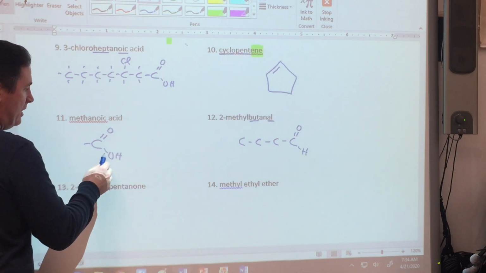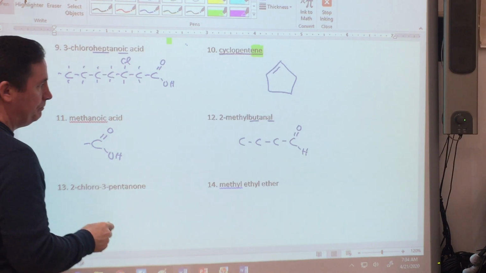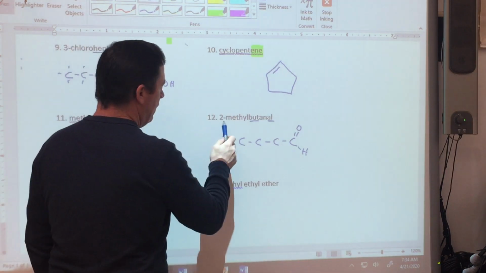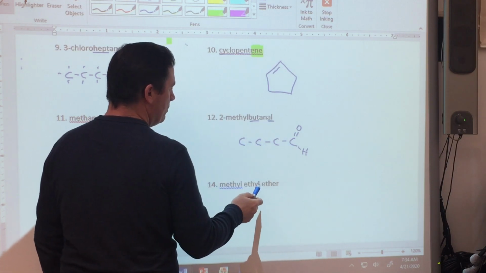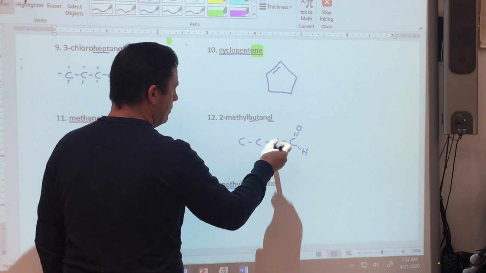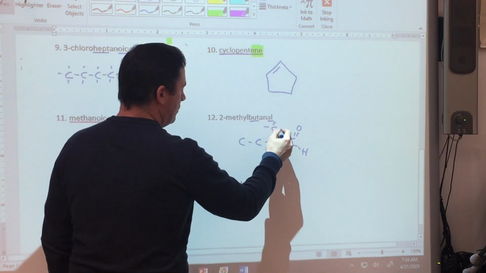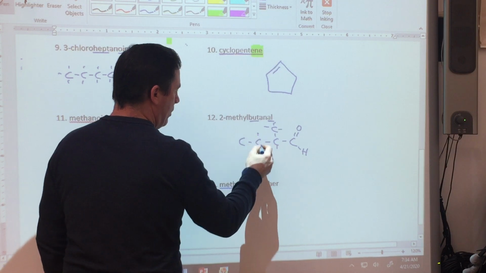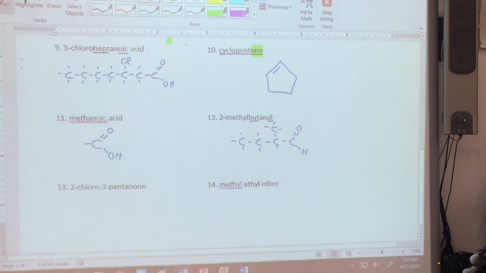Both of them are at the end, but the aldehyde does not have that extra oxygen. So what else do I have here? It's 2-methylbutanal. This is my first carbon, so 1, 2, and methyl. 4 bonds around each. Should be all set.